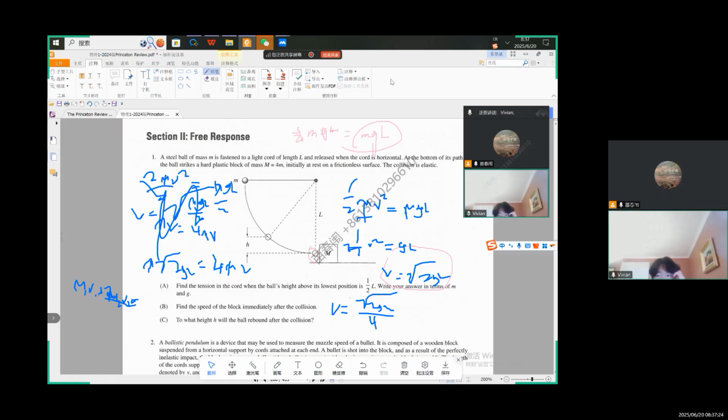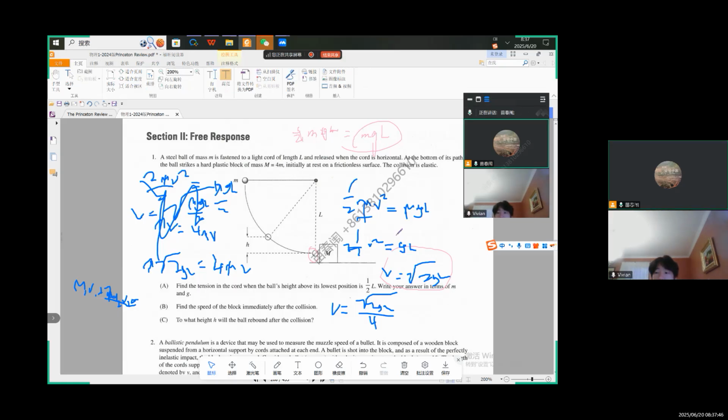Wait, so mgl is the energy of the ball before it hits the block, right? Yeah. And then when it hits the block with that energy, it splits the energy into 2 parts. I should have probably marked after the collision.